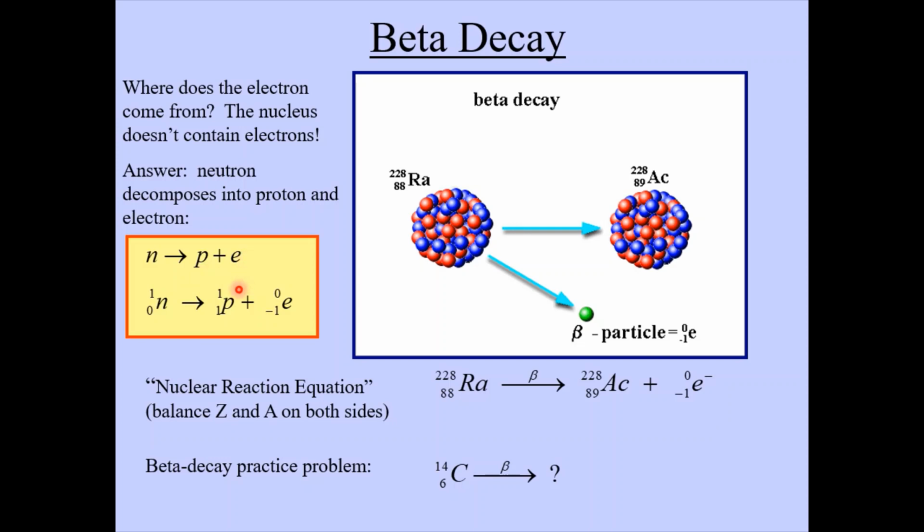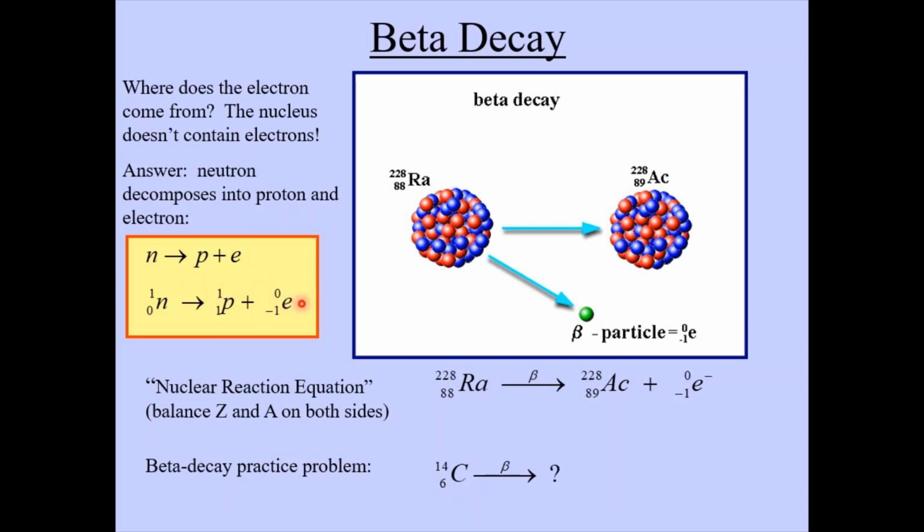All right, and so notice if we look at the nuclear numbers here, a neutron has no charge, so it has a 0 down here, and of course there's 1 neutron, so we have a 1 up here. A proton has a charge of 1, so there's 1 proton, so we have a 1 down there, and a 1 on the top also.